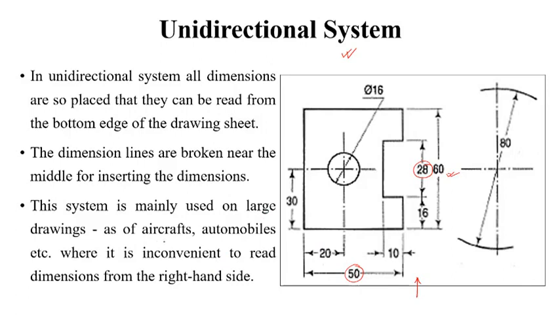So when we are to draw very large drawings, we have to follow this unidirectional system. But in case of engineering drawing or engineering graphics, the best method to follow is the aligned system of dimensioning.